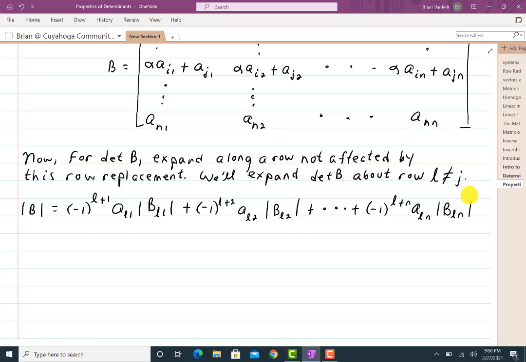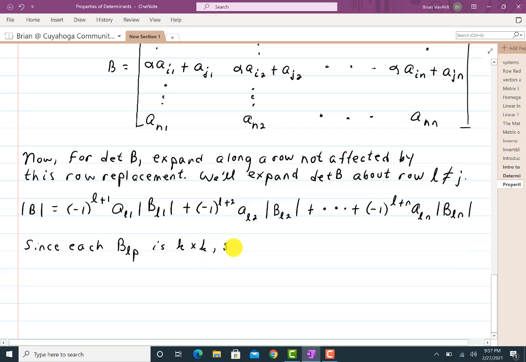Now, if I take any one of these matrices, B_LP, I don't really care what the P is, the size of each of these is k by k.